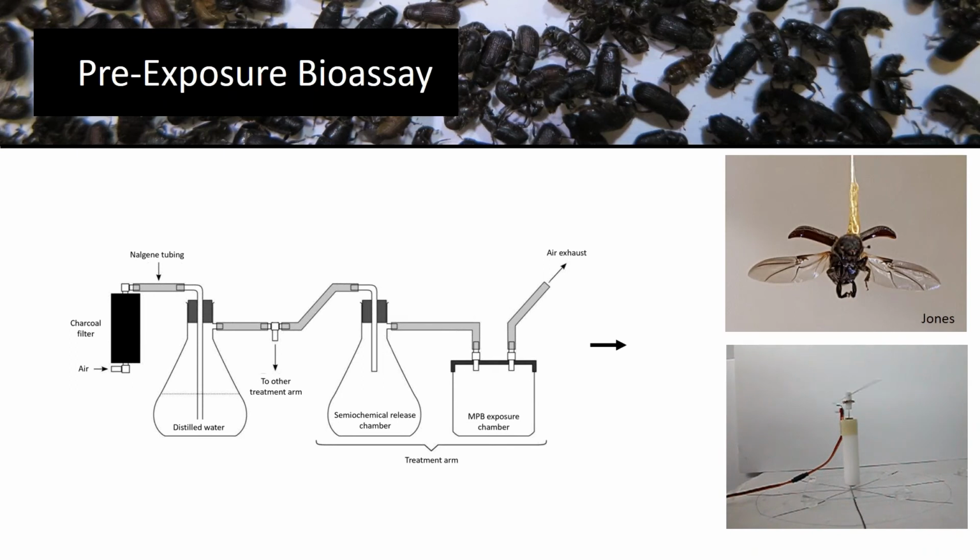She positioned the beetles in these exposure chambers where they were exposed to transverbenol or clean air for a 3-hour period. This exposure included the semiochemical or the clean air delivered in a stream of purified humidified air.